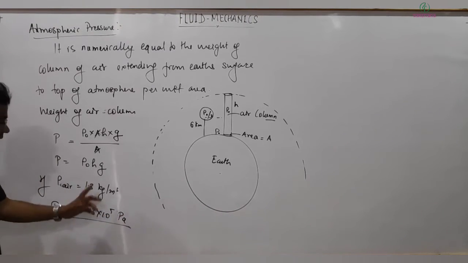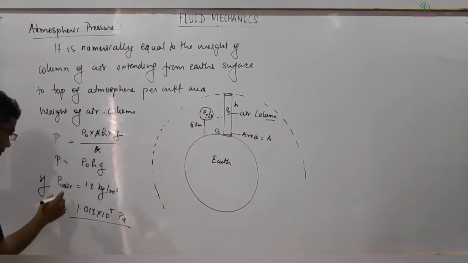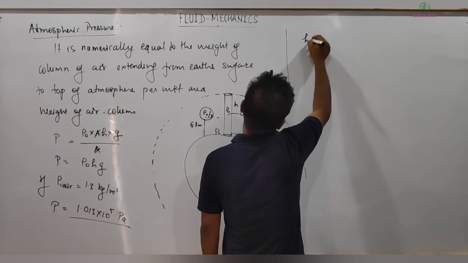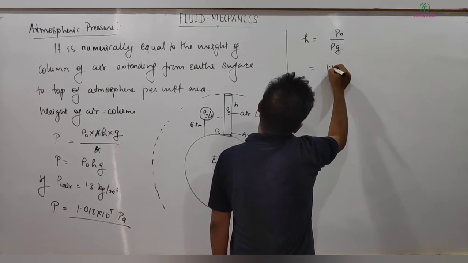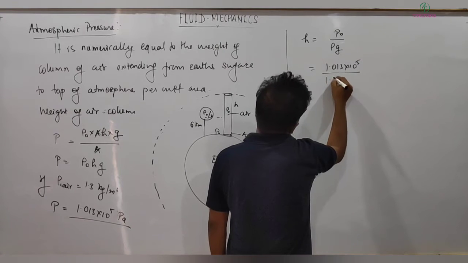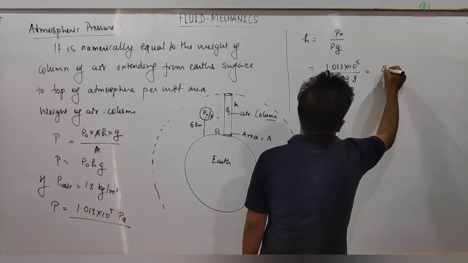So in this manner we can calculate even the rough or average height of the atmosphere. Calculating this way, h is equal to P naught divided by rho into g. This is 1.013 into 10 to the power 5 Pascal divided by 1.3 into 9.8, which comes to around 8 kilometers.